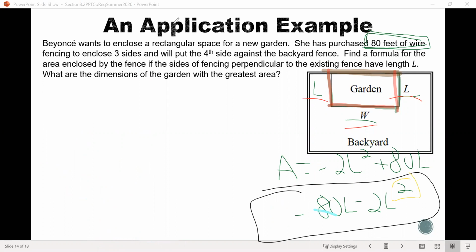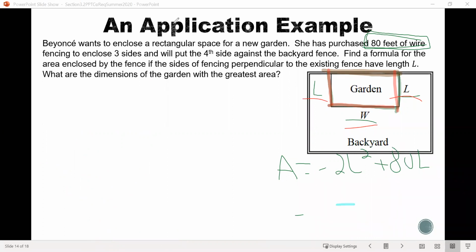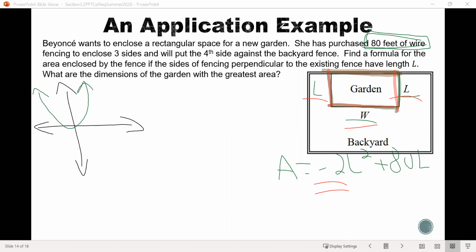And notice in this case, the a value in this quadratic is negative. Think about what that means for the graph of this quadratic. We know that the graph of a quadratic looks like a parabola. Usually it looks like this. But the fact that this value for a is negative, how is that going to change things?